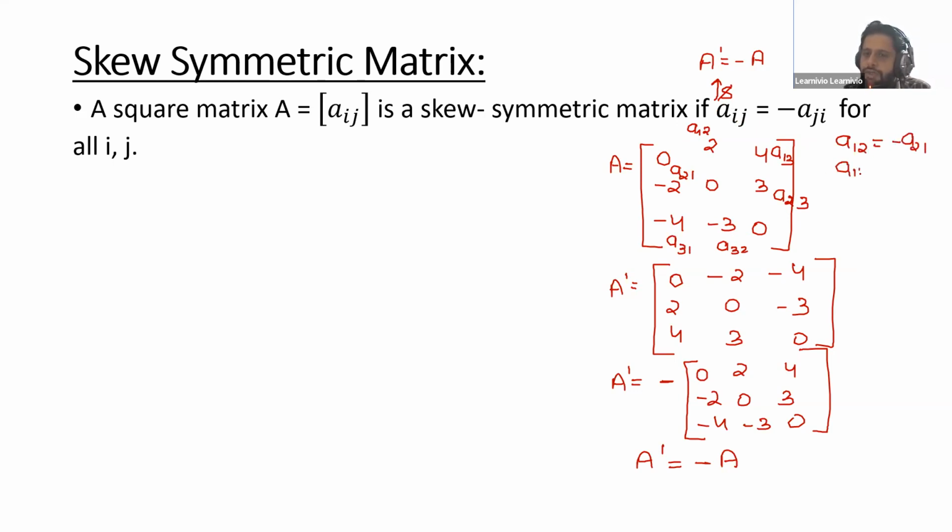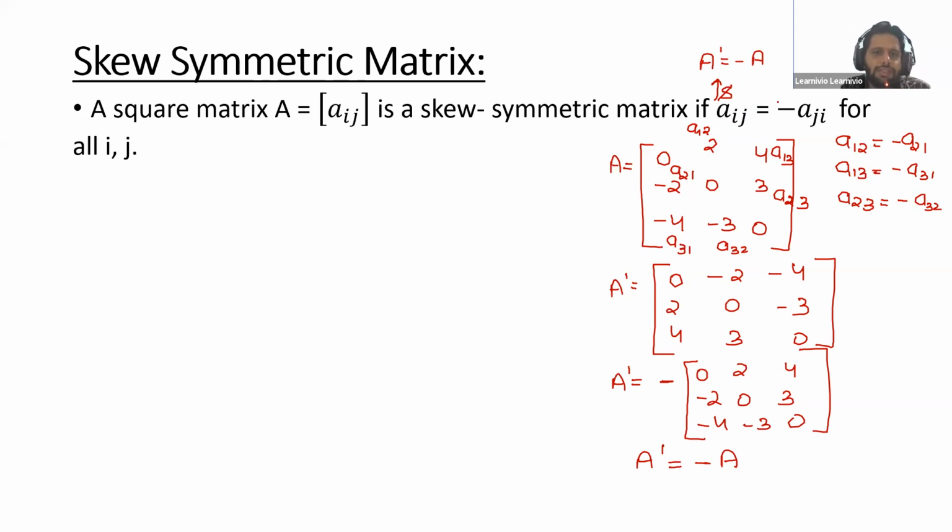Similarly, A13 is the negative of A31. Similarly, A23 is the negative of A32. So in a skew symmetric matrix, A12 is equal to the negative of A21, A13 is the negative of this, and A23 is the negative of this one. That's why we can say this condition, Aij is equal to minus Aji.